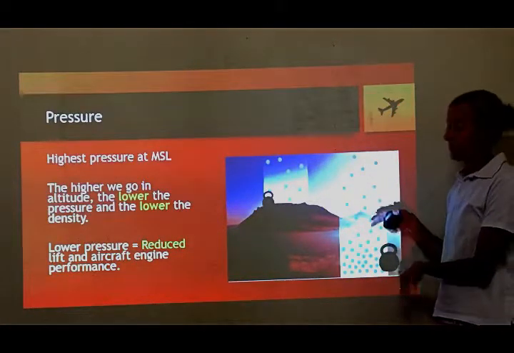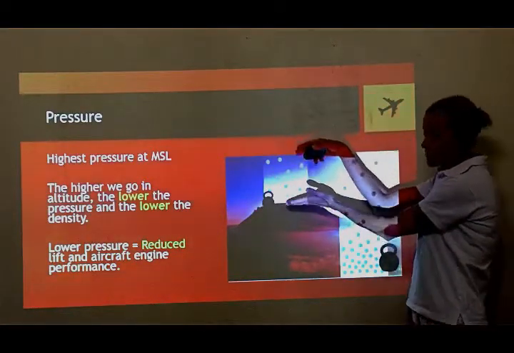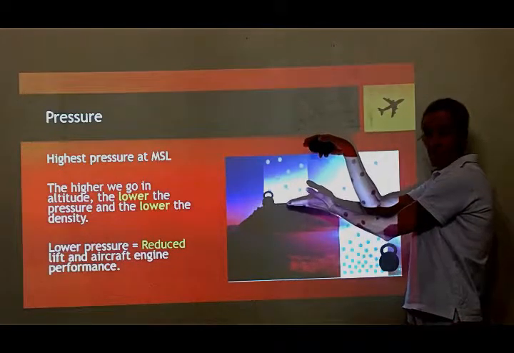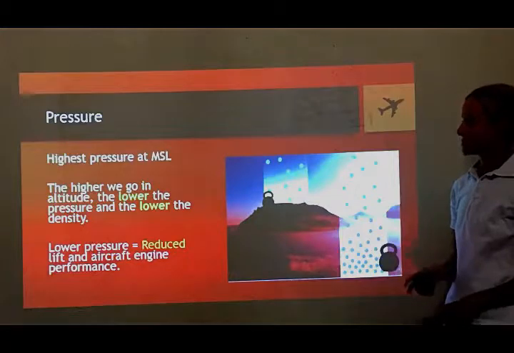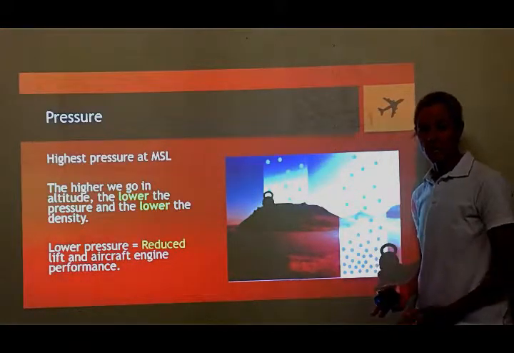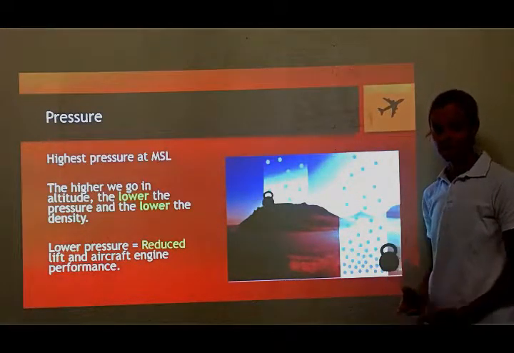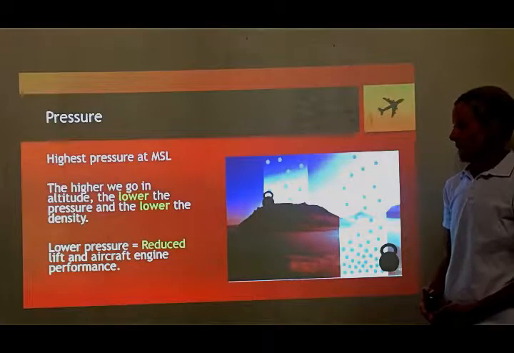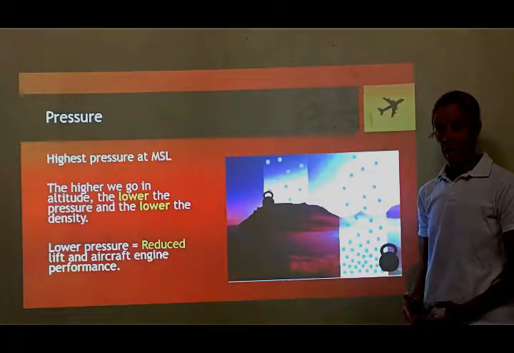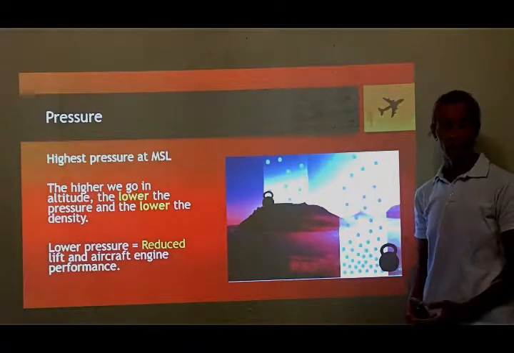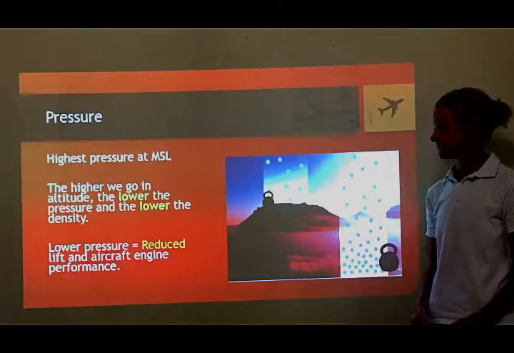The higher up we go in altitude, the column gets shorter and therefore there is less pressure. So the higher we go in altitude, the lower the pressure, and as a result the density will be lower. How this lower pressure affects us: it reduces our engine performance and we have reduced lift.